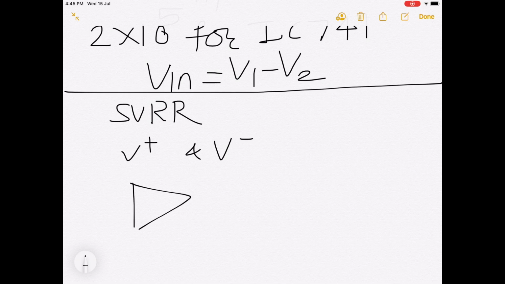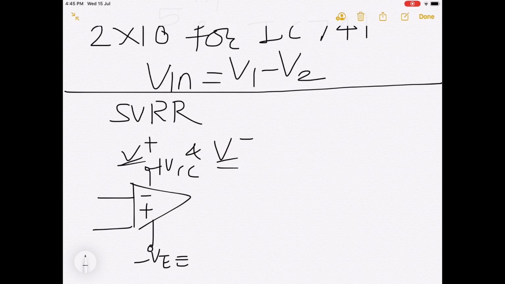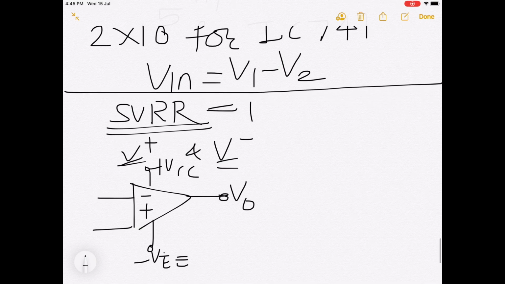We are applying plus VCC and minus VEE, which is nothing but plus V and minus V. If these values change or drift from the nominal value, then the output voltage will change. The ratio of this change is the SVRR, supply voltage rejection ratio. It is also known as PSRR, power supply rejection ratio.